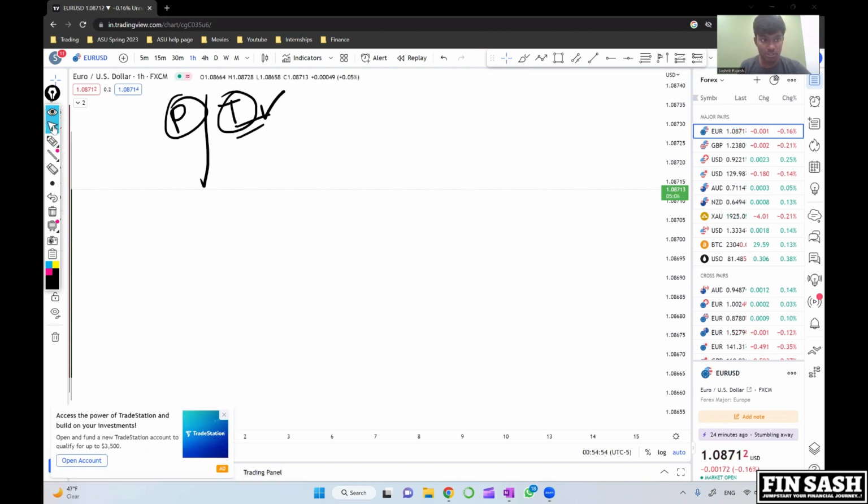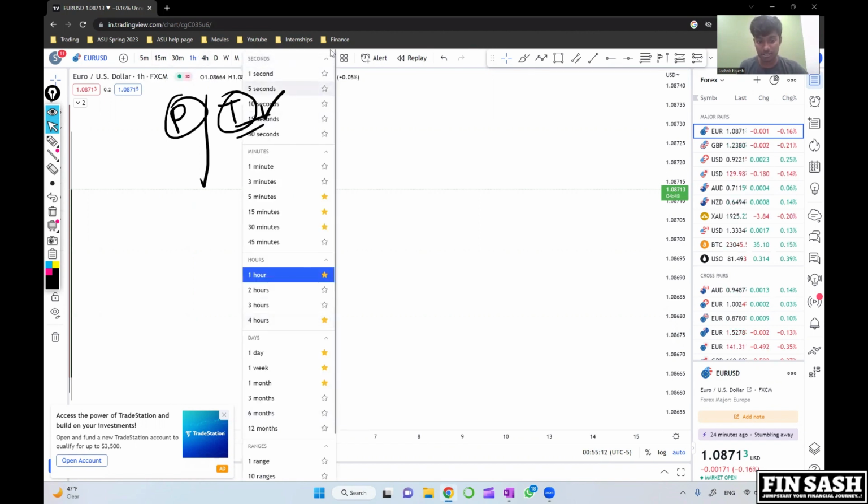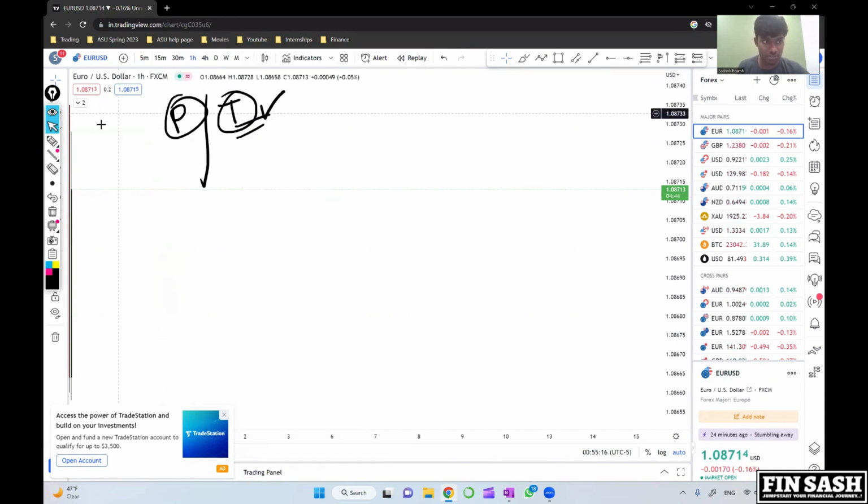If you open TradingView, it's free, and go here, you'll see a bunch of times, like the 5M. 5M basically means 5 minutes, then 15 minutes, and if you open this, there are multiple timeframes. What's the significance of this?